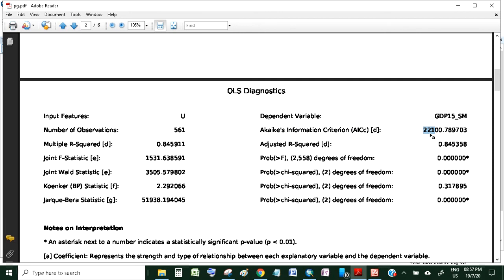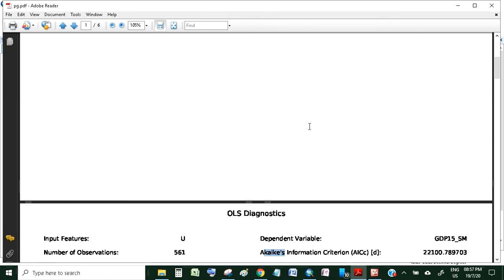Suppose you have given 3, 4, 5, 6. Whatever explanatory variables, whichever combination is giving you the lowest AICc value, that model is the best for you. This is the thumb rule for the Akaike information criterion.